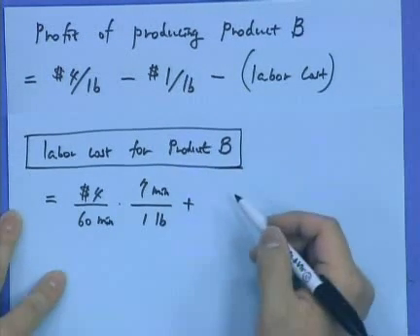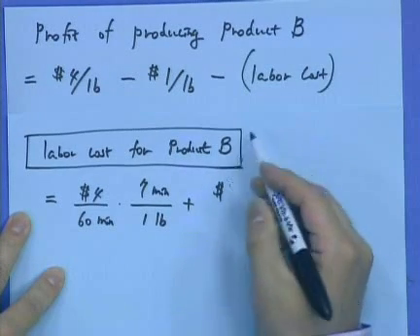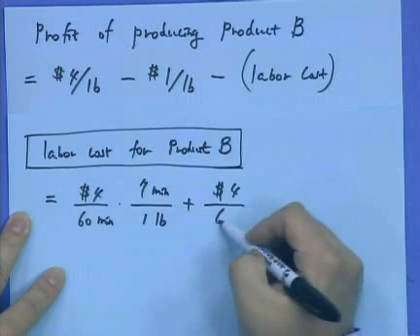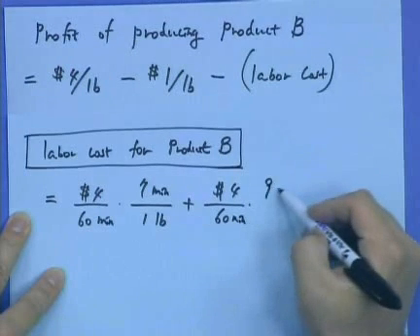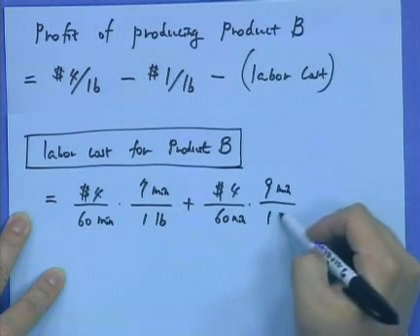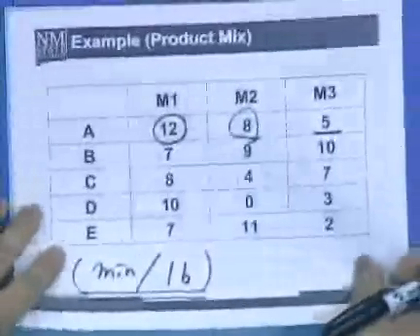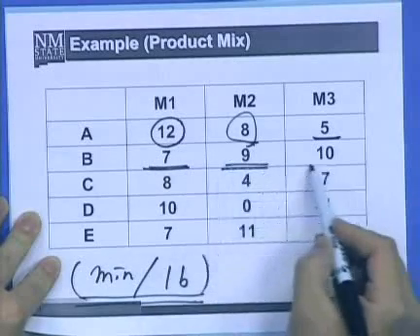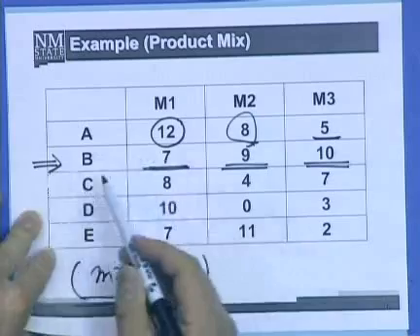Plus $4 per 60 minutes times 9 minutes per pound. So we should look at this second row, right? Which is about producing B.